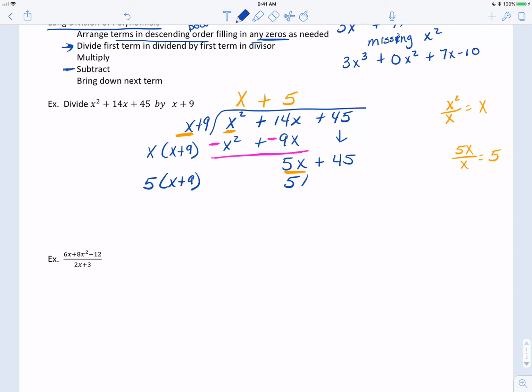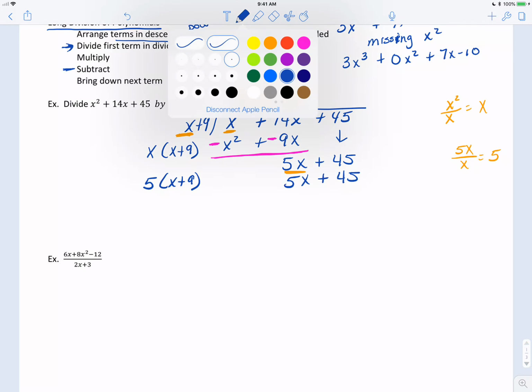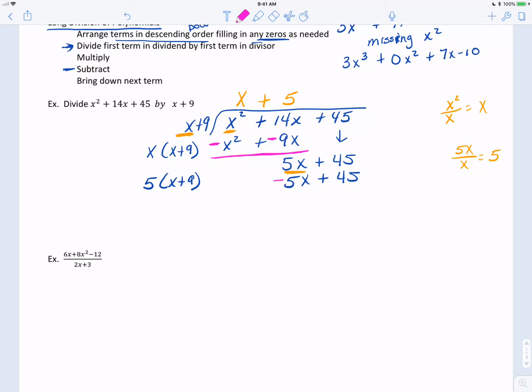So 5x plus 45. And then what do we say all together? Change our signs, draw the line. Well, that leaves us with a remainder of 0. So notice that our 5x's, we've got a positive and negative, so that makes 0. We have a positive and negative 45, that also makes 0. So we don't have a remainder, so this is your final answer.